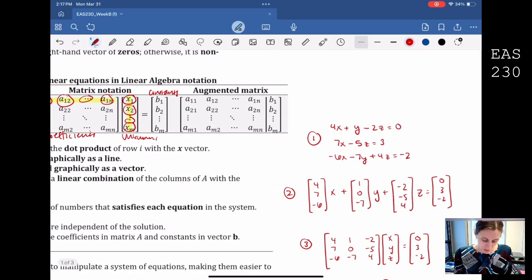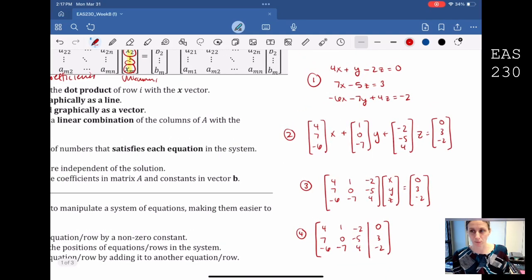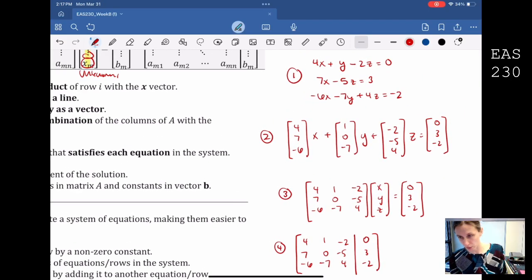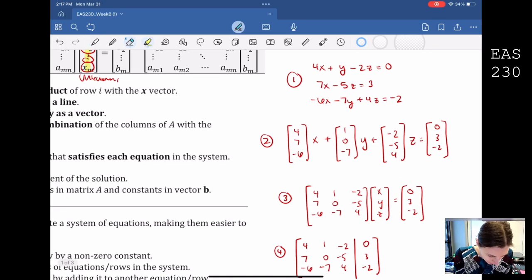So let's look over here. Here I have different ways we can write our system of equations. Let's say we have the system 4x plus y minus 2z equals 0, etc. I can write it as a linear combination, where each column of A is a specific vector. The elements in front of x are my first vector. Then I've got these elements in front of y.